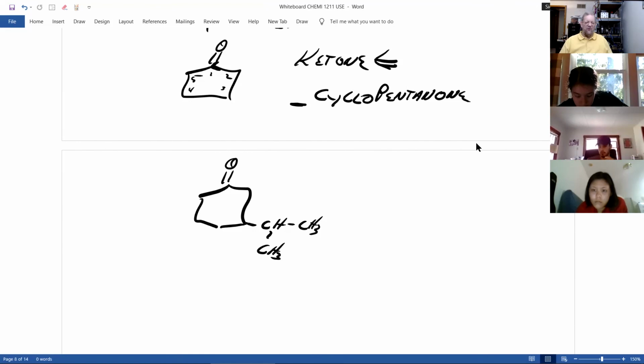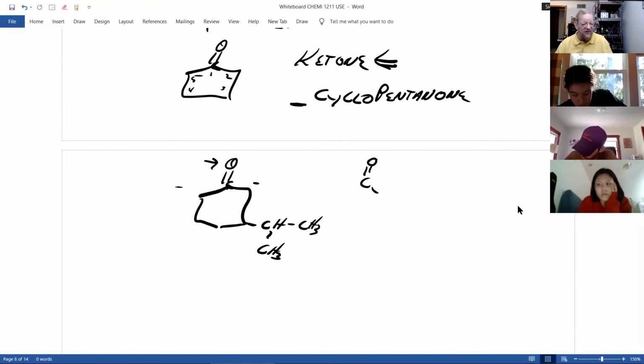And the question is, what's the IUPAC name for the following molecule? Well, if we look at this, what do we have? We have a ring where we have this oxygen double bond to carbon in the ring. And on this side and this side, I have carbons. So I have a ketone.